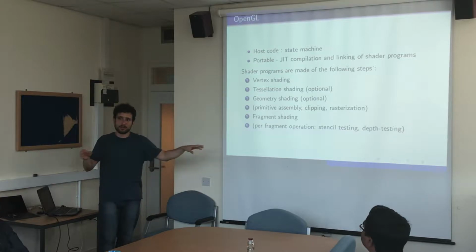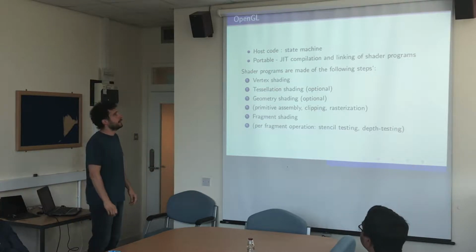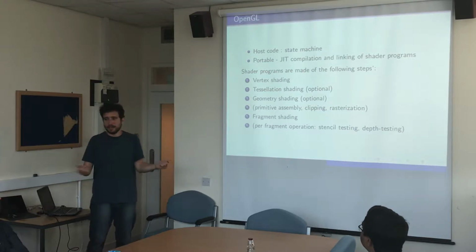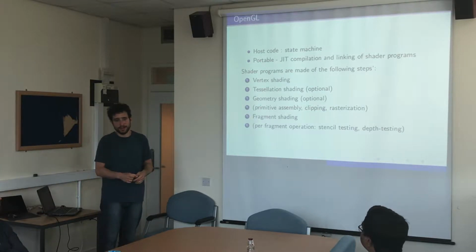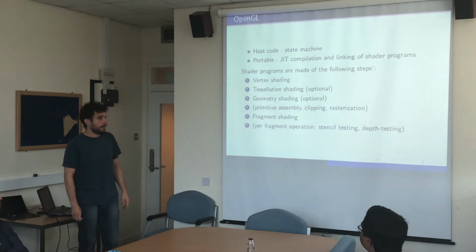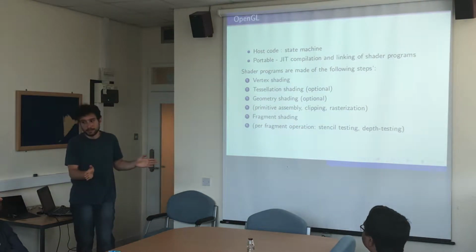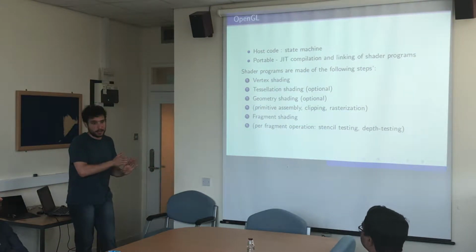You can have many shader programs in the same host program, okay? They are compiled and linked at the runtime of the host program. Okay, and they are quite simple in this. I think there's a flow. There's a pipeline, okay, where basically the execution goes through.